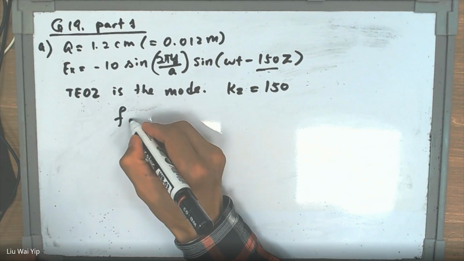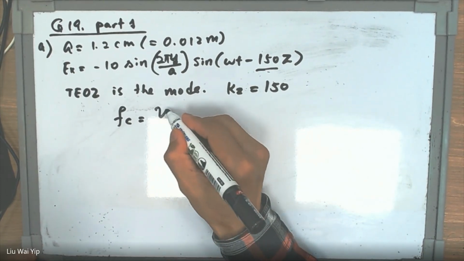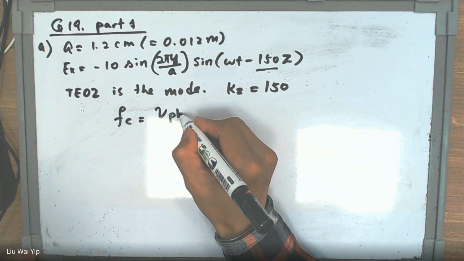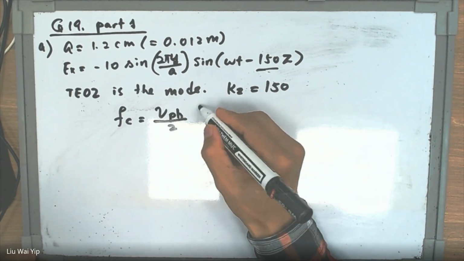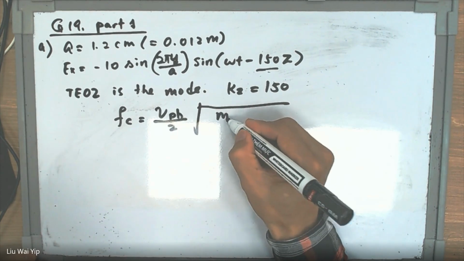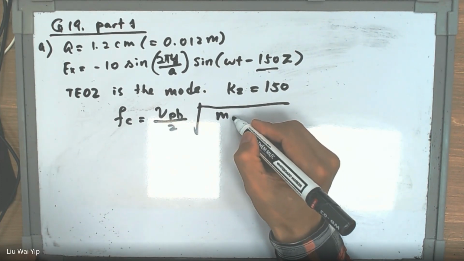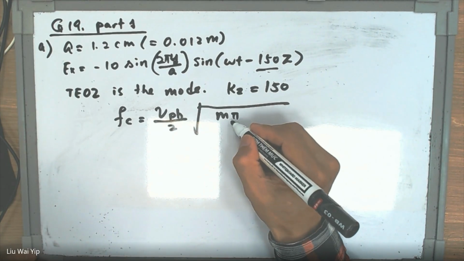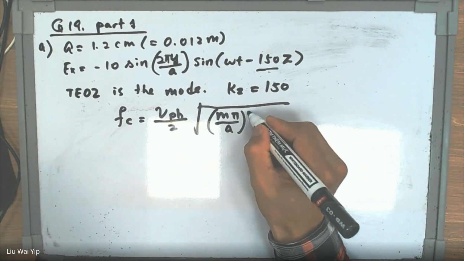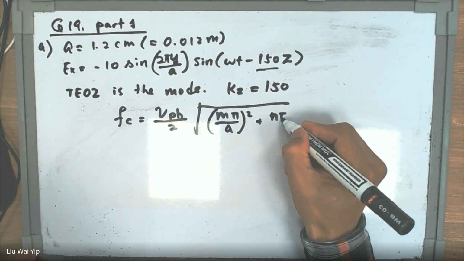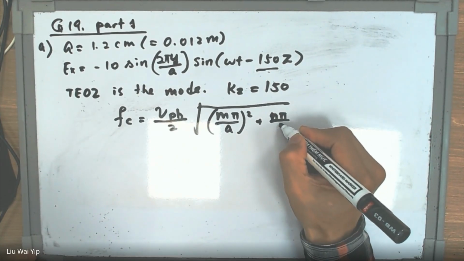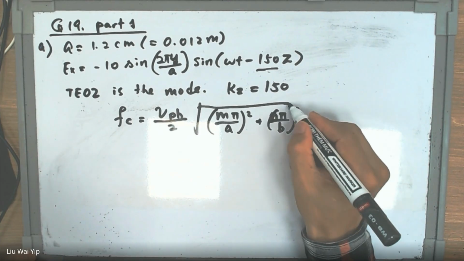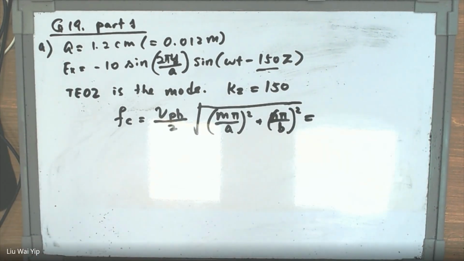So fc is equal to v phase divided by 2, times the square root of (m over a) squared plus (n over b) squared. We are going to use this formula to work out the cutoff.